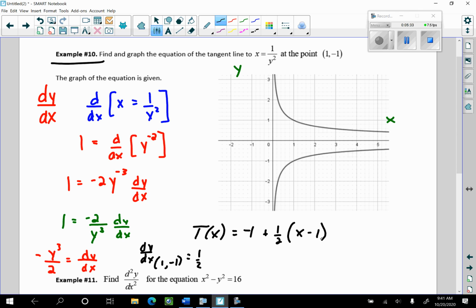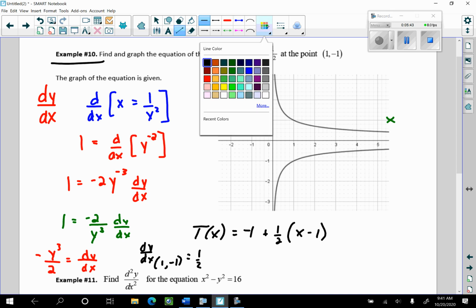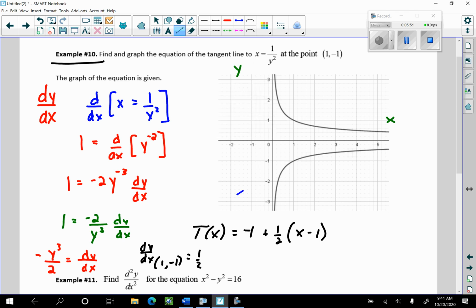And it's a darn good thing that slope came out positive, because look, if I graph the tangent line, what color do you want to use? Do blue. Because I want the tangent line at that point right there. Tell me, yay or nay, does that have a positive slope? Yes.